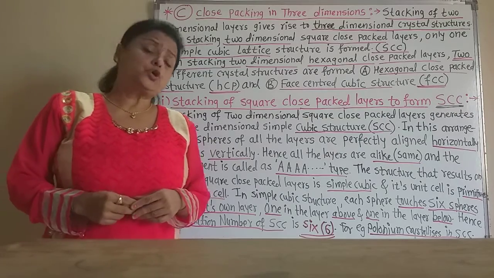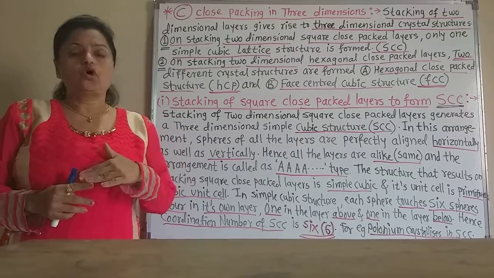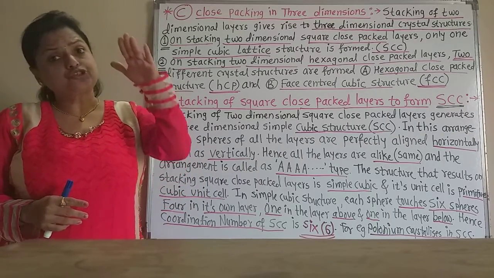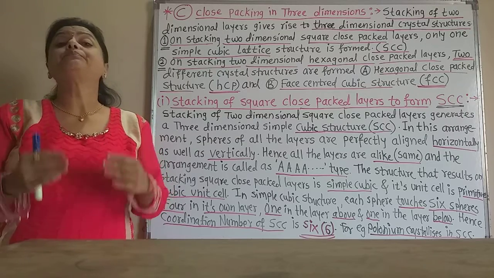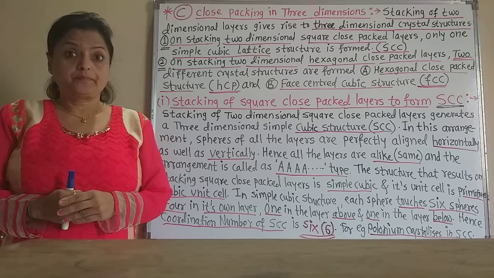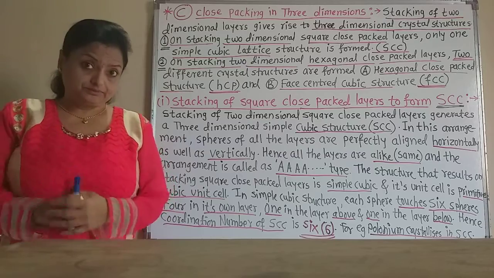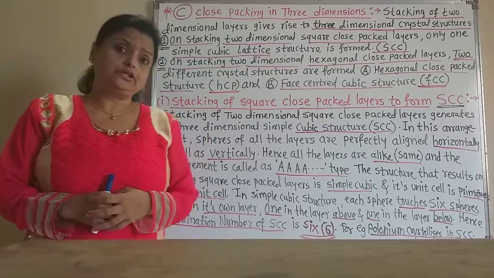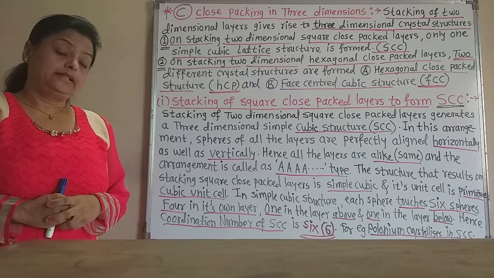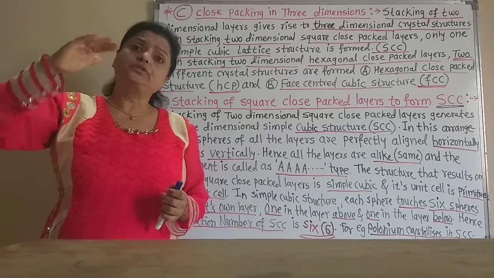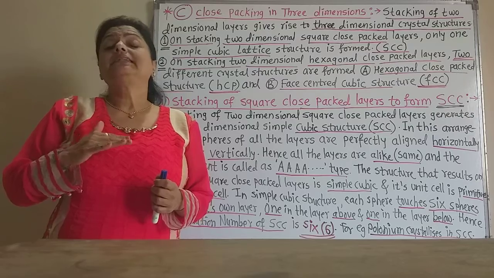If the square close packed layers are stacked on each other, then there is the formation of the simple cubic structure. That is the simple cubic crystal, with the primitive unit cell, the simple cubic unit cell. That means all the layers of the square planar structures are alike, and they are all AA type.